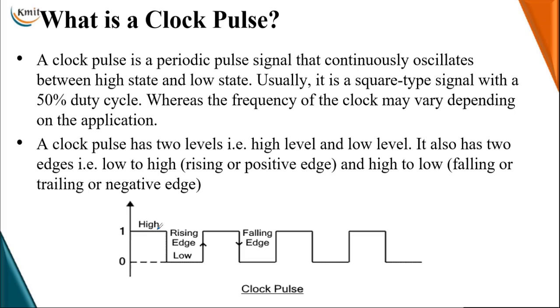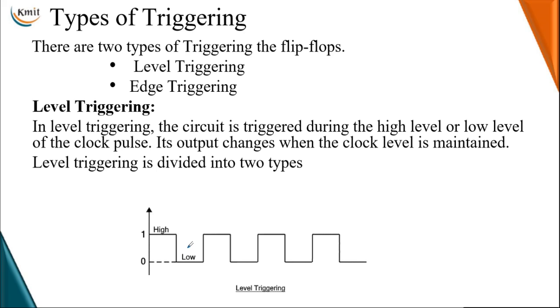Based on whether the clock is at the high level or low level, or whether the clock is at a rising edge or falling edge, the output of the sequential circuit changes, and these are classified into two categories: level triggering and edge triggering.